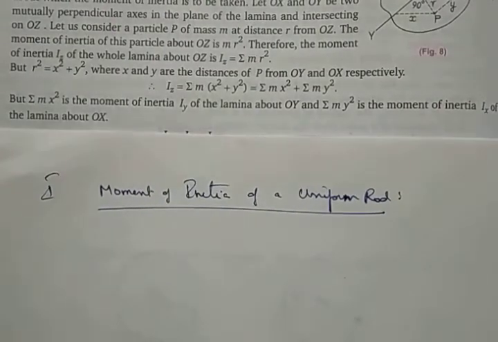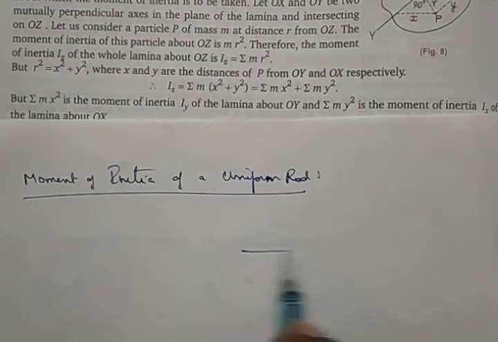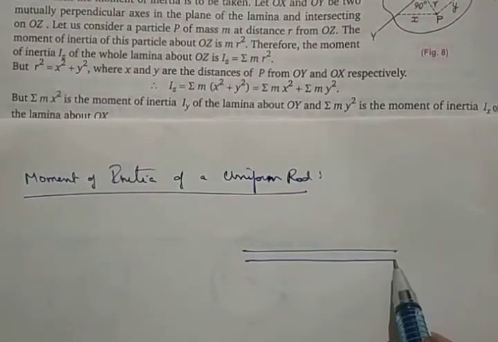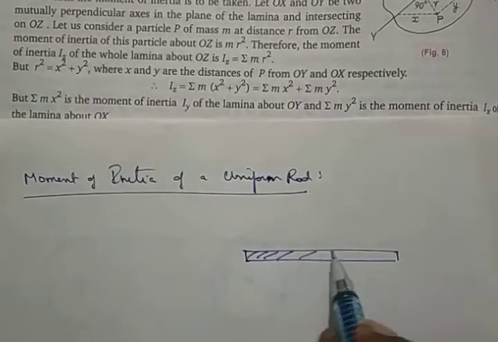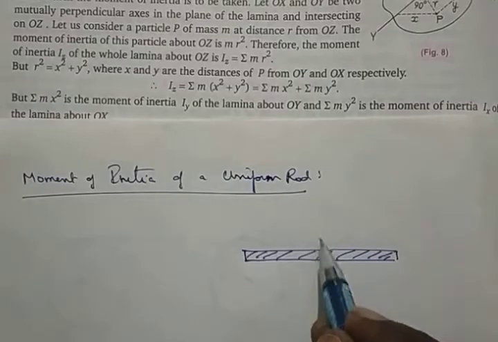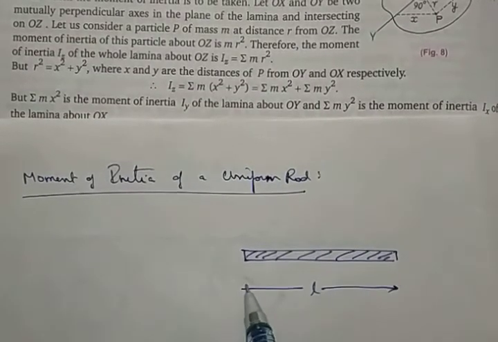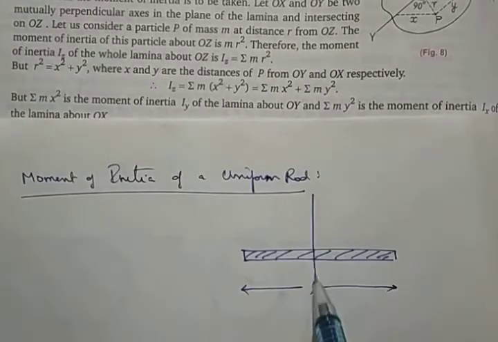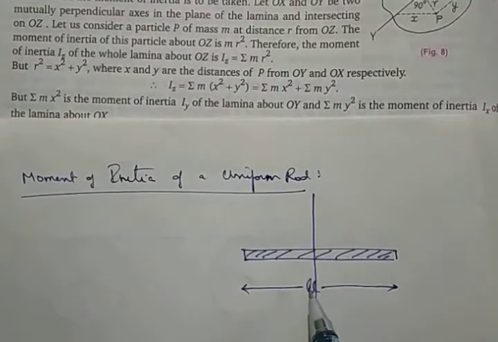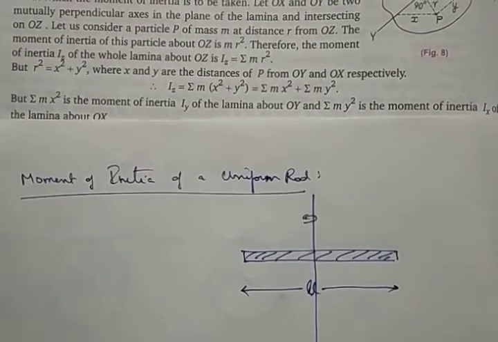So how does that one work? If you look at a rod like this, maybe a kind of a scale. This is a rod and L is the length of the rod, and this is the axis. This is the axis and it's going to rotate like this.